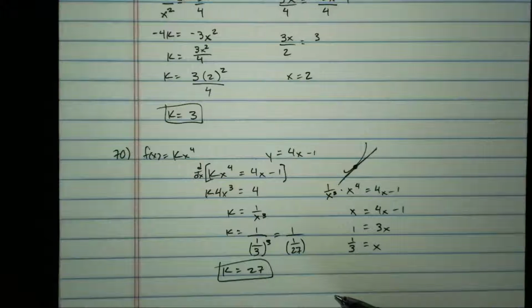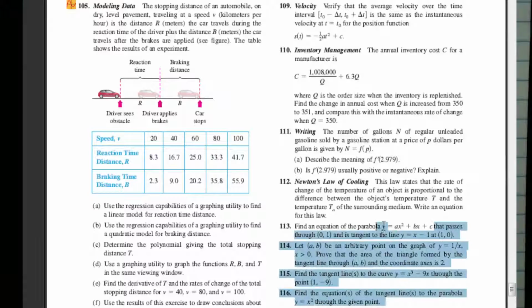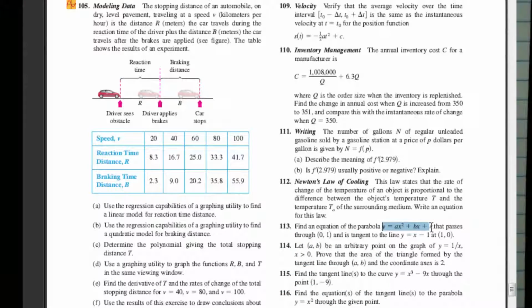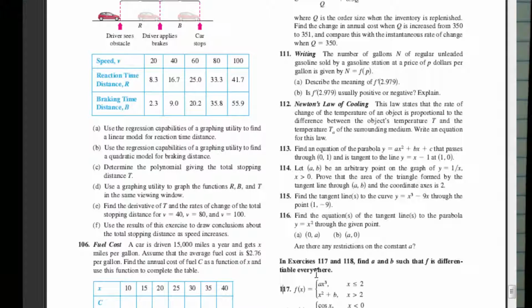I mean, 113 is very interesting if you understand how to work it, because there's a couple things that, yeah, let me show you what I'm looking at. If you understand what this guy actually means, there's a couple things that simplify the process. 117 looks like this one. Find a and b such that f is differentiable everywhere.